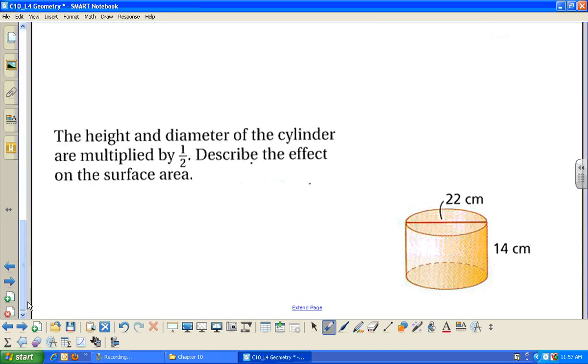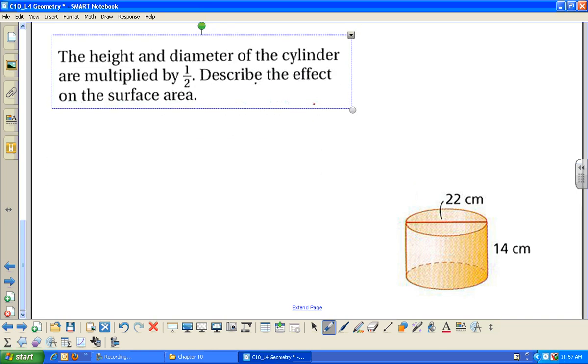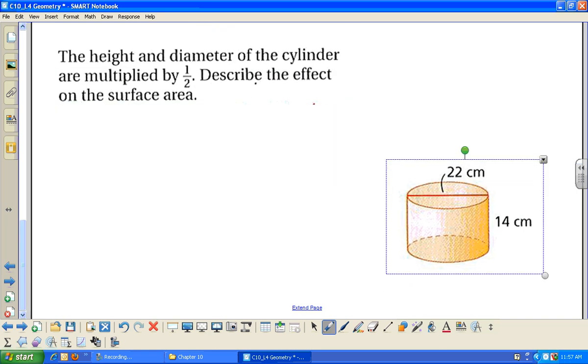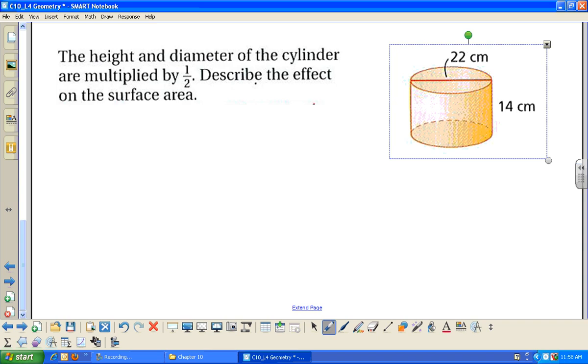In this question, the height and diameter of the cylinder are multiplied by 1/2. Now you could do it the same way that we just figured out what happened with the surface area. Find the surface area of the cylinder and then take 1/2 of each side length and find the surface area again.